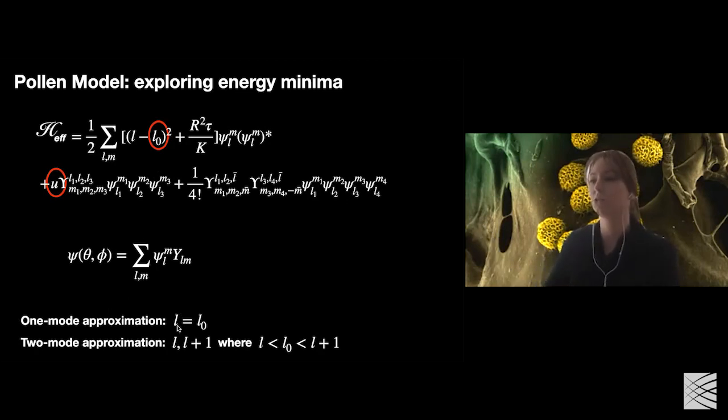So we're going to assume that L here is equal to L naught, which is a 1-mode approximation. And then we'll go ahead and do a 2-mode approximation where we just let it be L and L plus 1 for simplicity. You can do more. We did do more just to make sure that our lowest energy states were representative, but this is the first order thing to do, instead of summing all the way from 0 to infinity, because that's impossible.